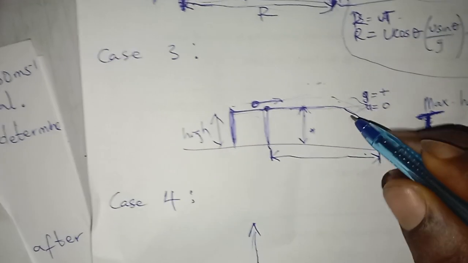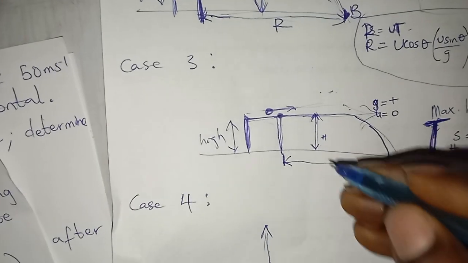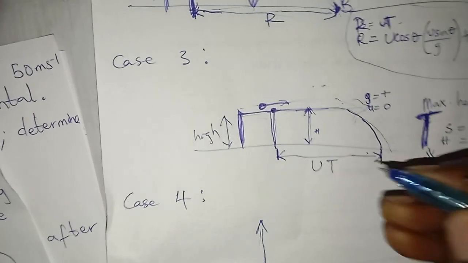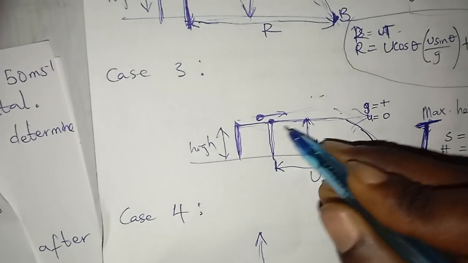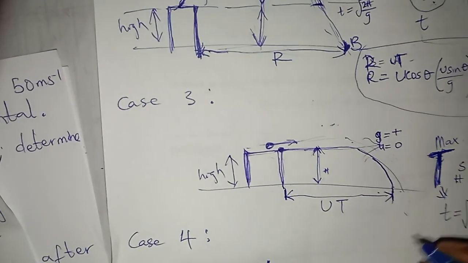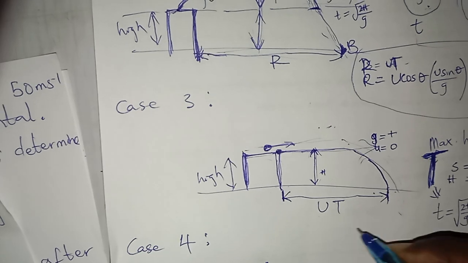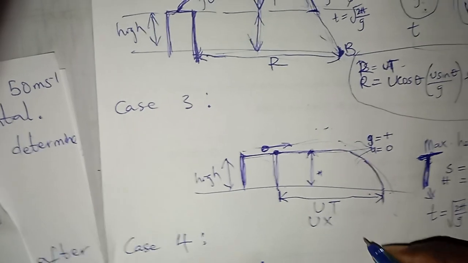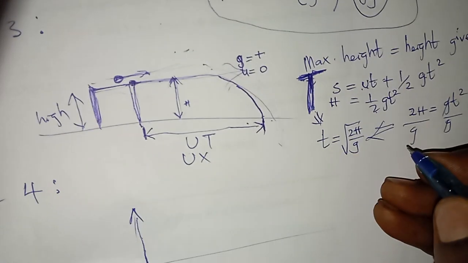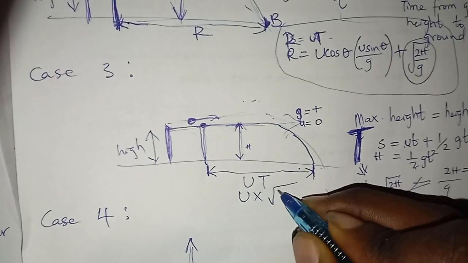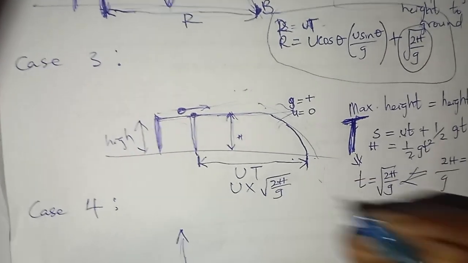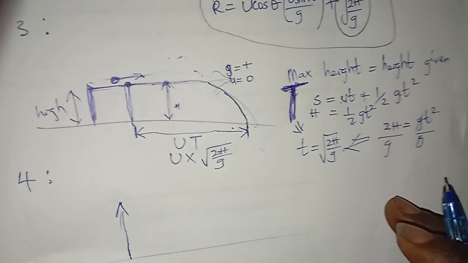So in that case, range will always be u times t. Notice that there is no angle given, so the range is going to simply be the u that I'm giving times the t that I've gotten here, which is simply root 2h over g. Very simple.